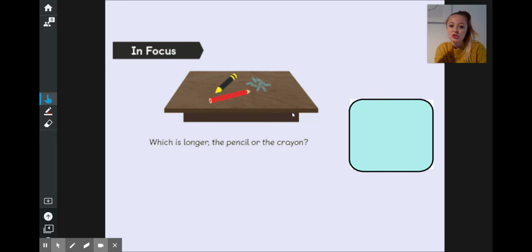We could use the paper clips to measure how long each of those is, and then we could find out which is longer. Have any of you guessed which one you think is longer from the picture? And we can have a look in a second and see if any of you got it right.